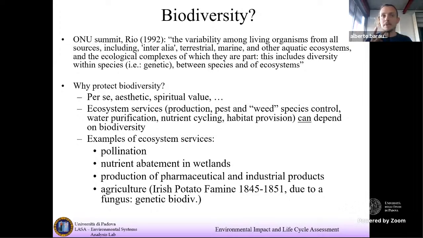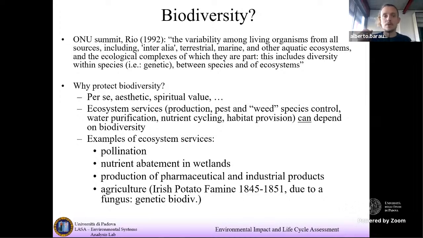And the second perspective is the ecosystem service perspective. So ecosystems, for example, think of wetlands, they clean water for free, okay? They purify water from nutrients and other pollutants. Ecosystems provide us with food, for example, of the sea.